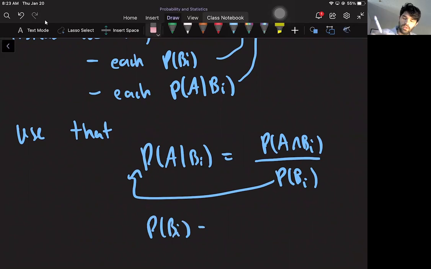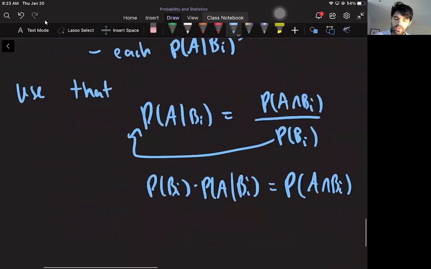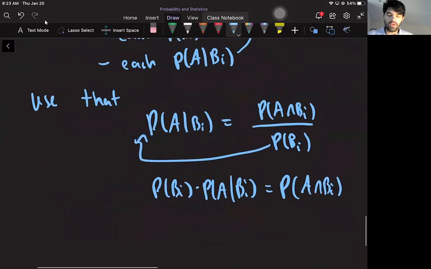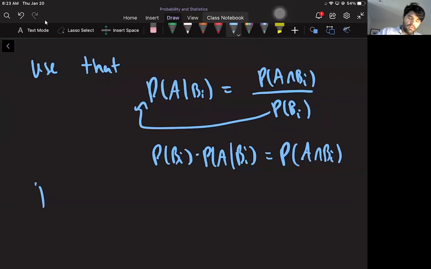And then we'll get a different formula for each of these intersections, which is the probability of Bi times the conditional probability of A given Bi. So this will give us the law of total probability.